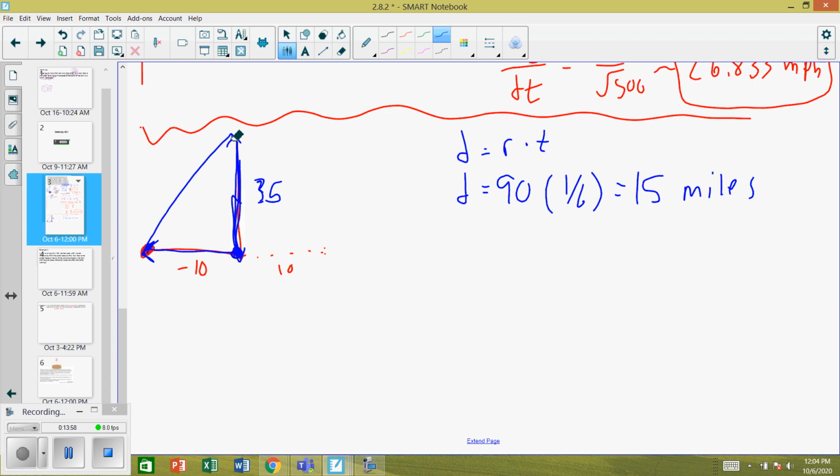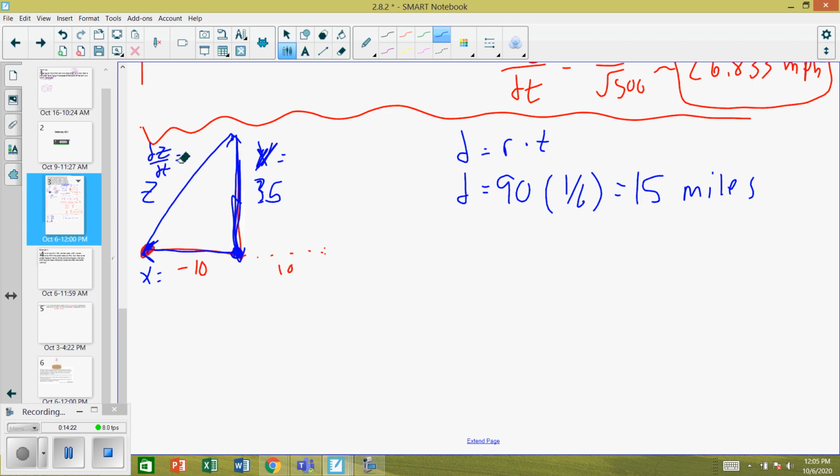Okay? So I got x is equal to negative 10. And make sure you have it as negative 10. We're in the negative direction. y is equal to 35. All right. Now we're going to figure out a new z value. And we're still looking for dz over dt. We're still looking at the rate at which the distance between them is changing.